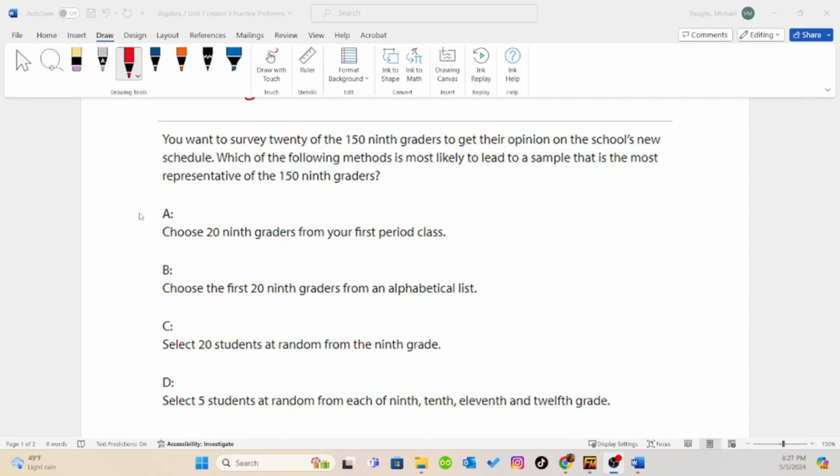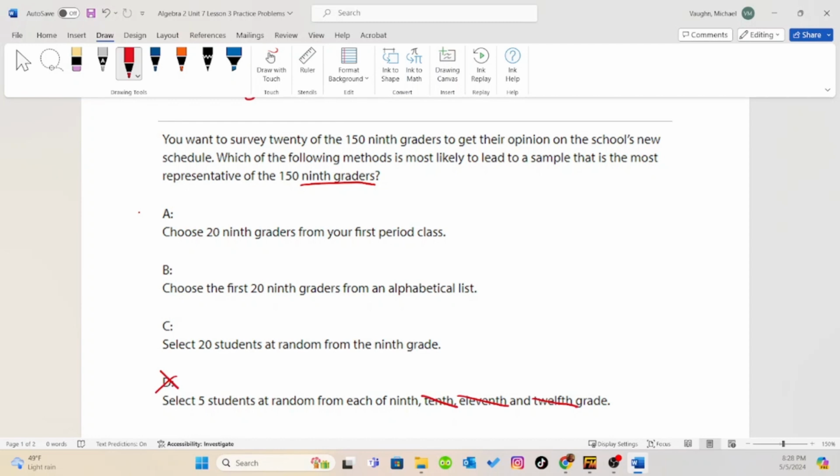So first, we can eliminate choice D because we only want 9th graders, so you would not survey 10th, 11th, or 12th graders. Choice A is only choosing 20 students from the first period class.